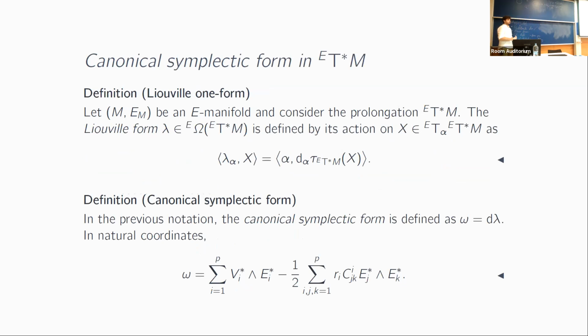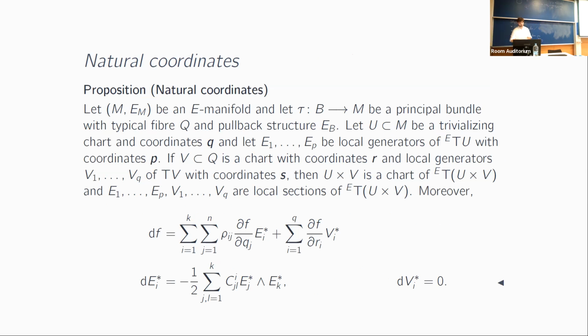What about Liouville forms? It is just saying that they exist. I mean, I can sort of pin it down. If you have a local set with some local generators of the E-tangent bundle on the base, and you trivialize it and consider the fiber Q, you consider a chart and induce a tangent chart.